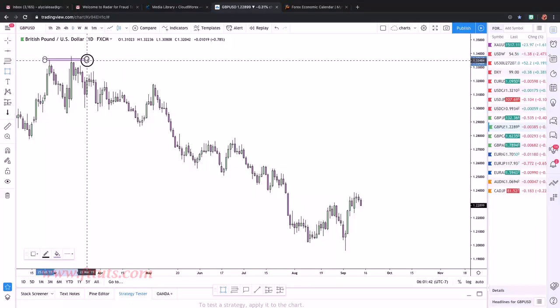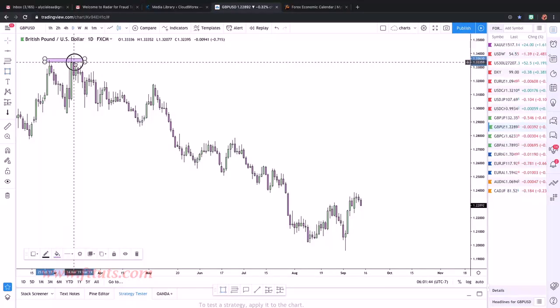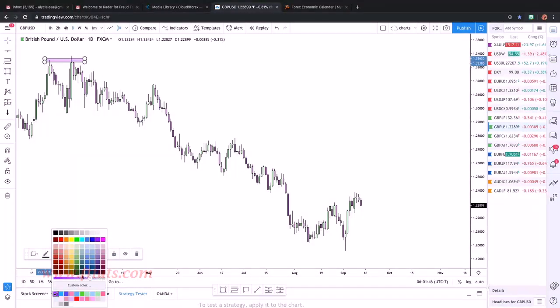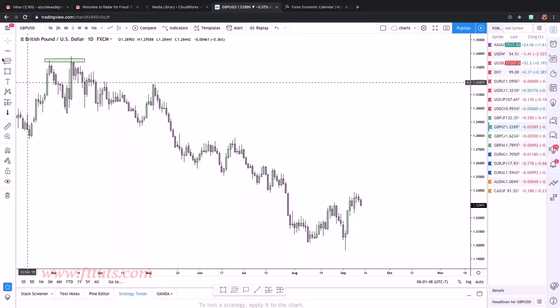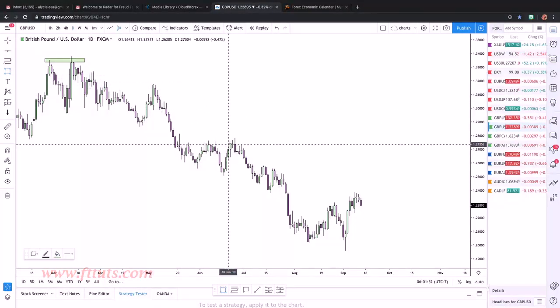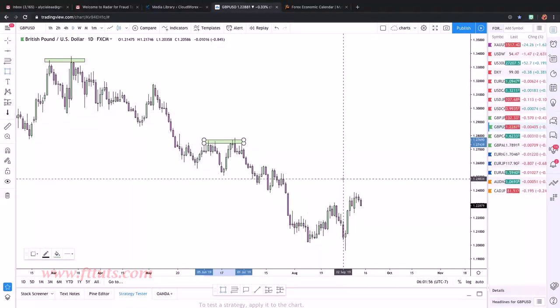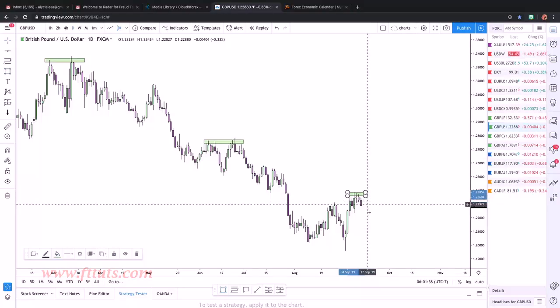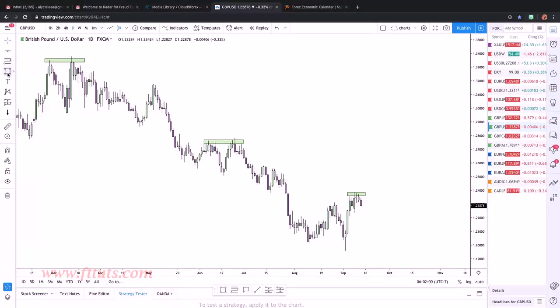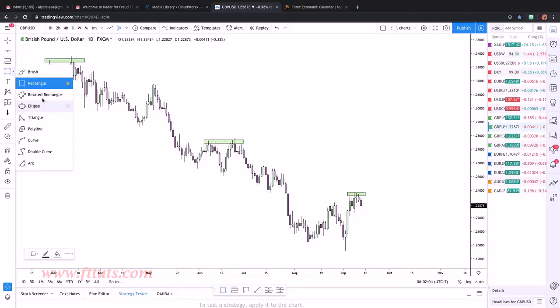So we have our resistance. We have resistance right here. And currently we have resistance right here. Okay, then we'll do our support.